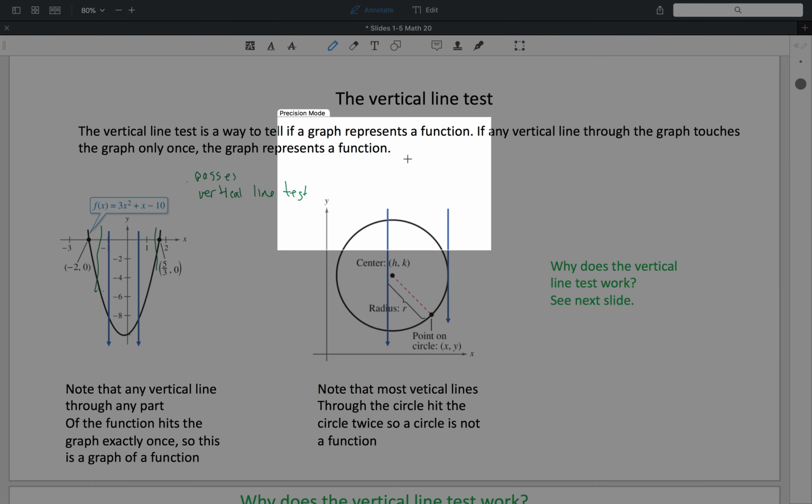And over here, notice the vertical line hits twice, so it's going to fail the vertical line test.